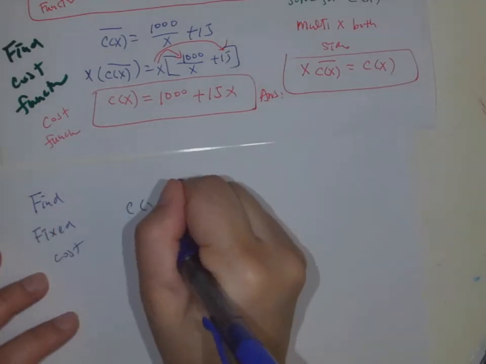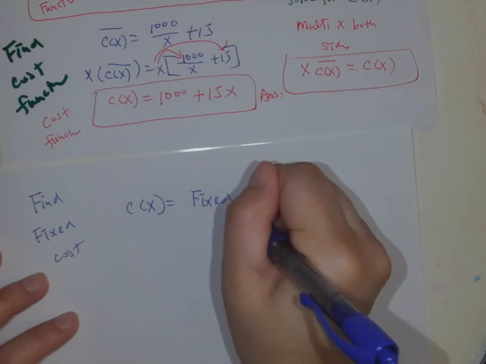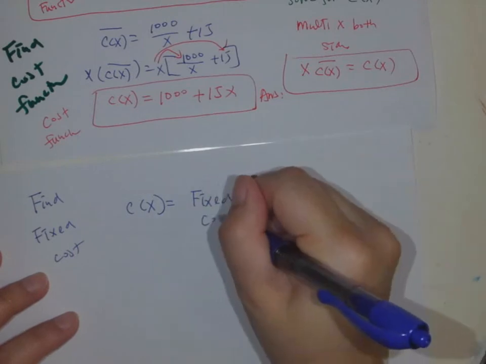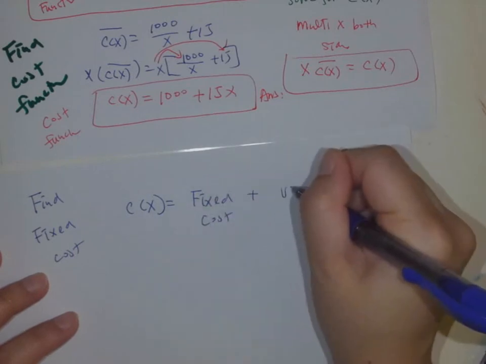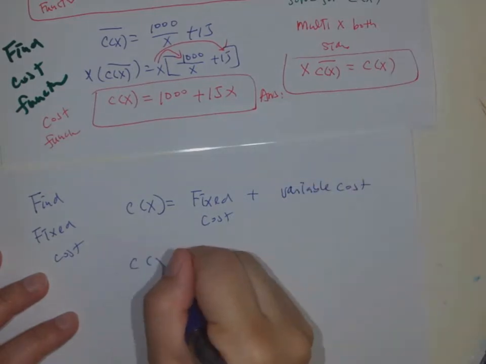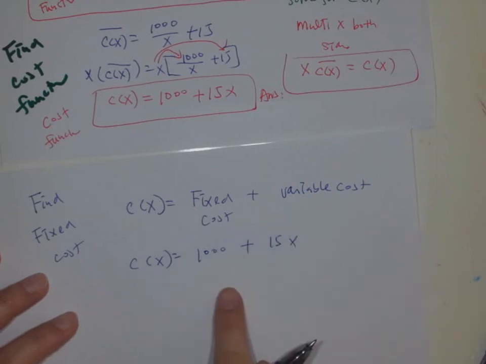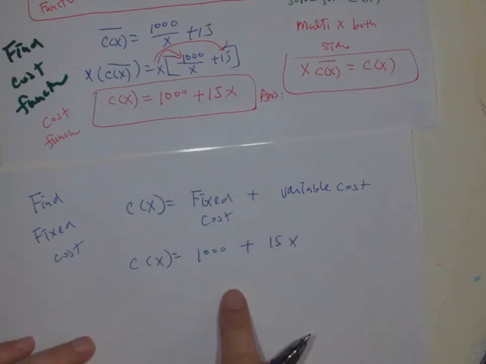We have c of x, the cost function, equal to the fixed cost plus the variable cost, right? And then we have c of x equal to 1,000 plus 15x. So 1,000 here would be my fixed cost.